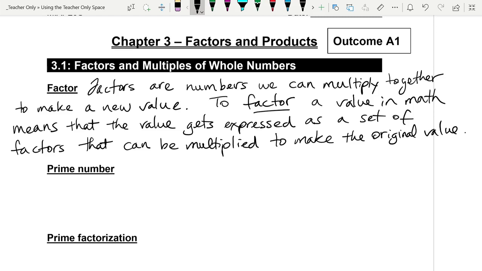And there we go. Those are the two meanings of the word factor.